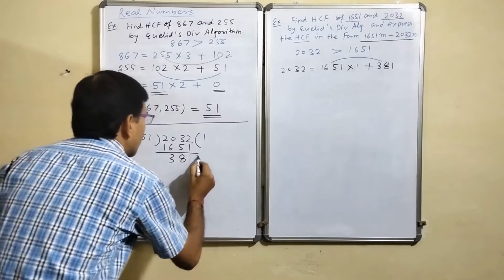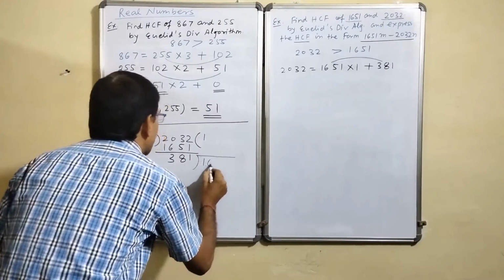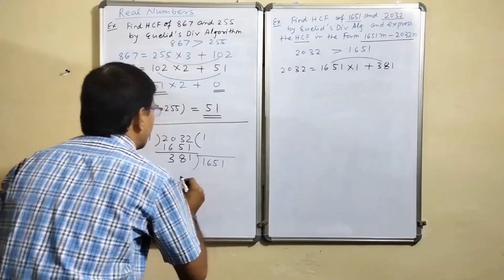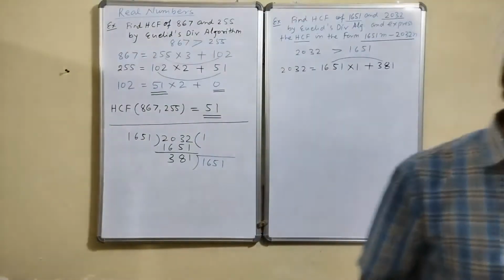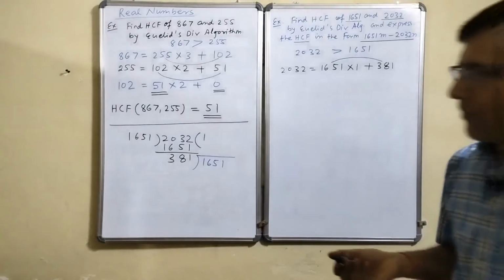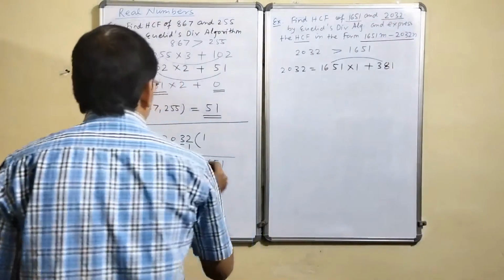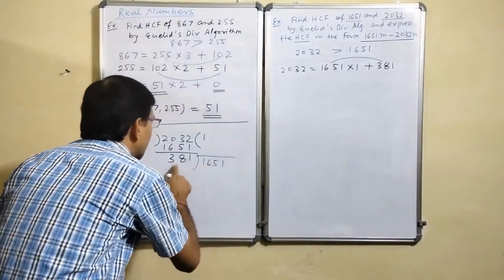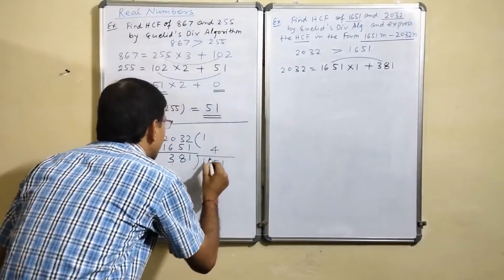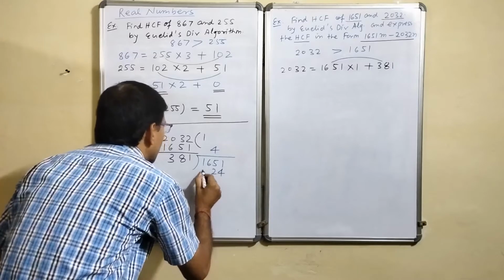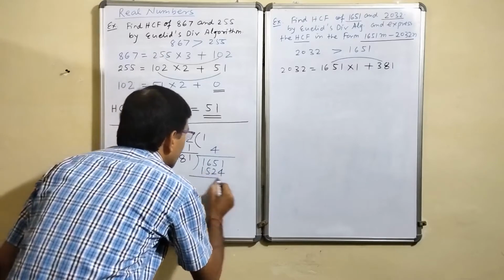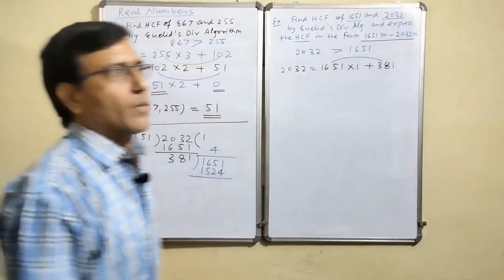Now 1651. We will apply division lemma as remainder is not 0. Divide it. 4 times 381 is 1524.